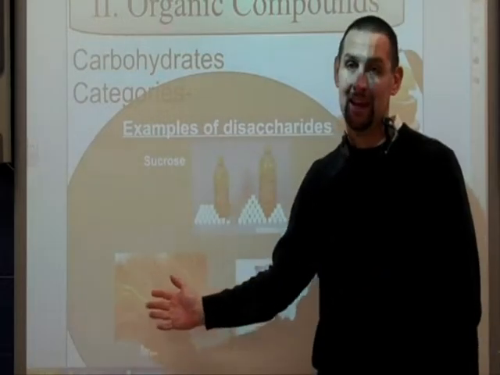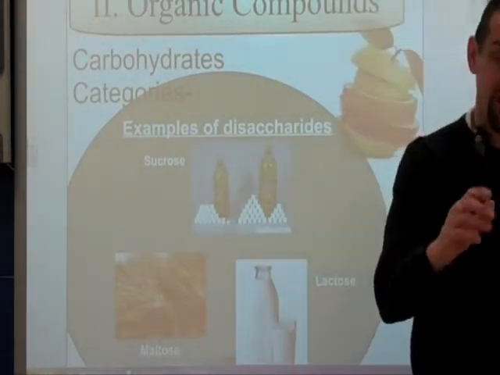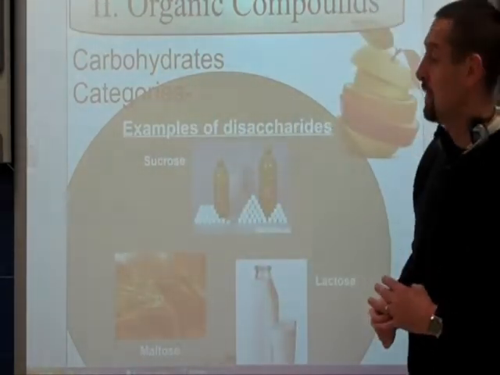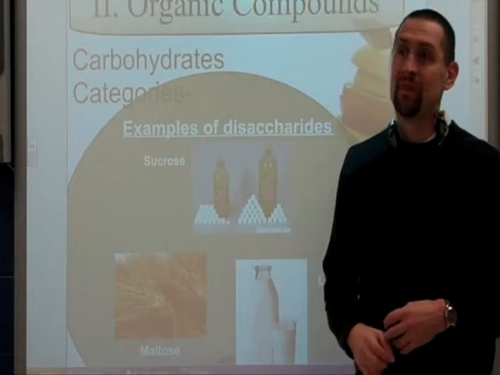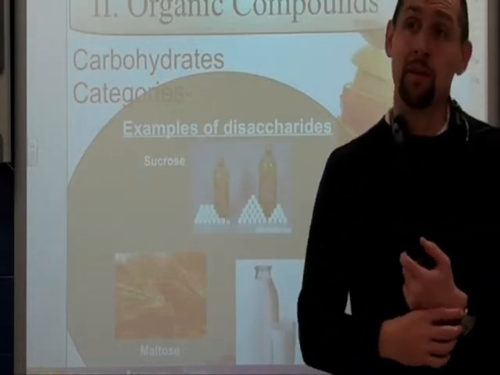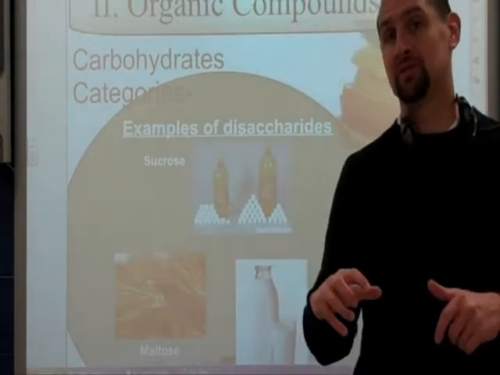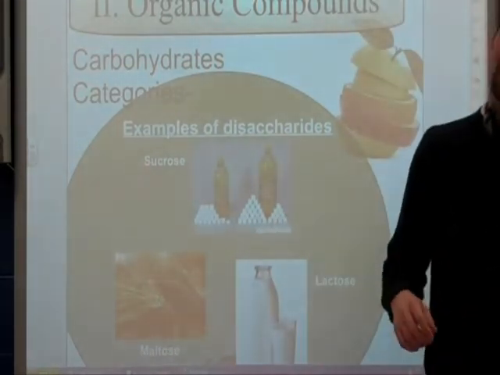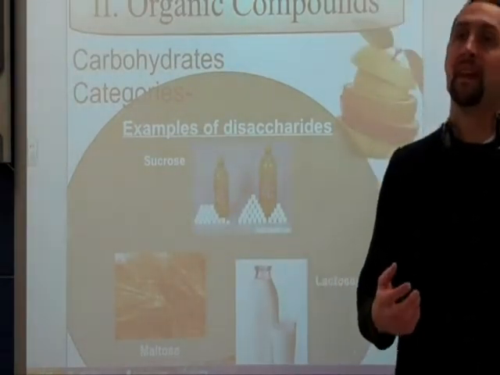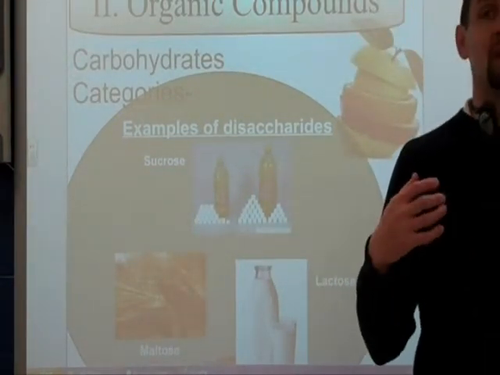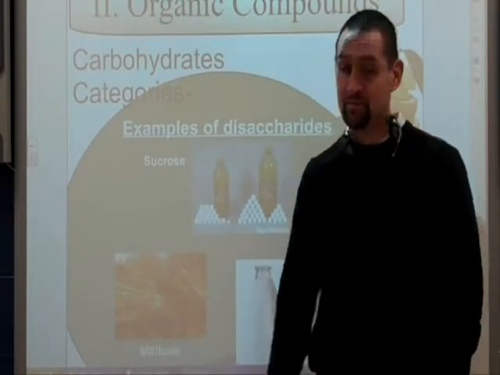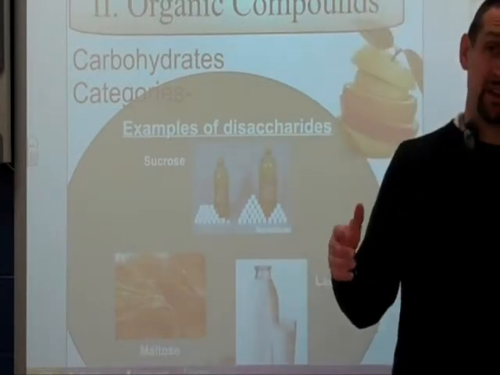Maltose is a grain kind of sugar, and that's going to be a glucose molecule and then another glucose molecule, 2 glucose molecules. You'll find that in things like malt sugar. So when you're like, I'd like a chocolate malted milkshake, that malt sugar, that grain sugar. It's also what you typically find in breads, which is why it's nice to eat maltose before an exercising event.